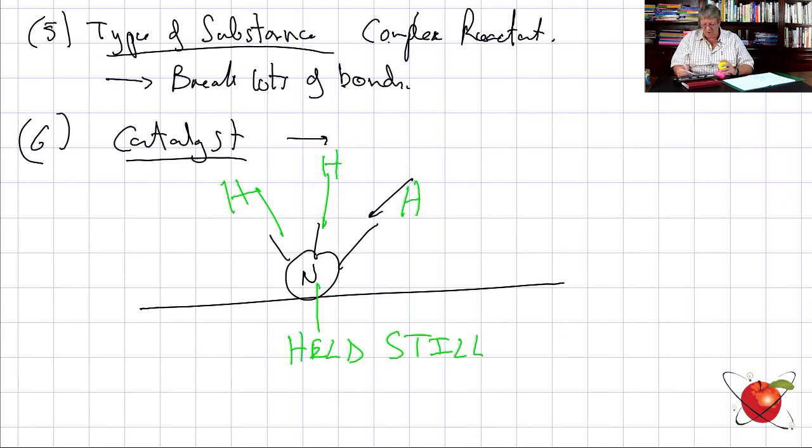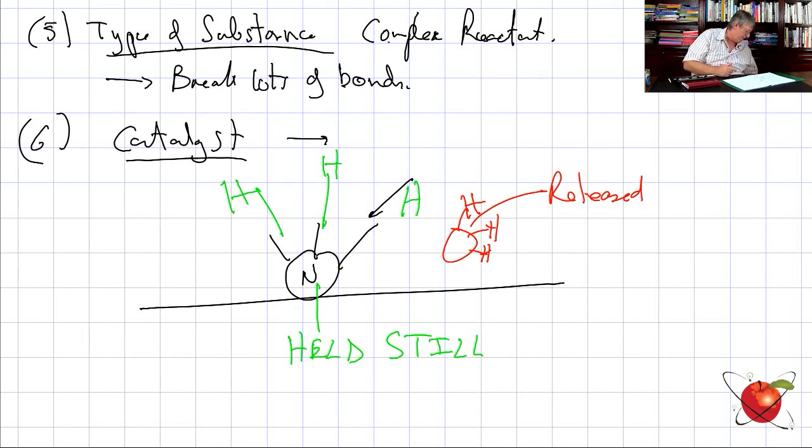Now, once those three have been put in, this is now NH3. So NH3 is released. Okay, and a new nitrogen is taken. Okay, different catalysts are going to work differently, obviously. All right, but essentially that's what it's doing.